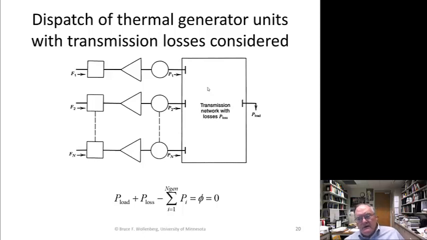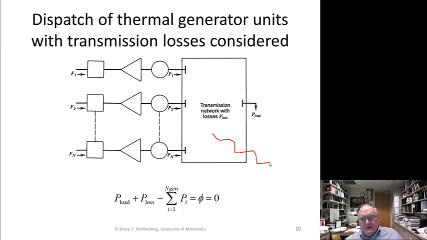Another topic we're going to start now, and then finish later when we talk about transmission systems. Obviously, these generators don't all connect to a single bus with a single load hanging on the bus. They go through a transmission system. We raise the voltage, it goes through transmission lines and substations, gets lowered to sub-transmission and distribution voltages to thousands and tens of thousands of loads out there at the same time.